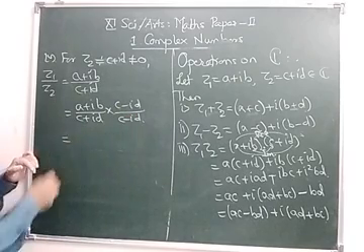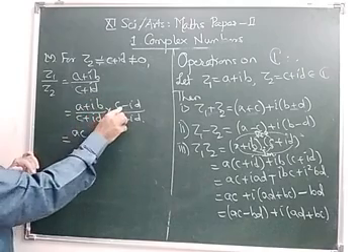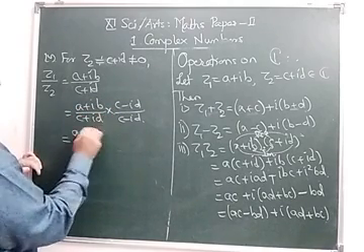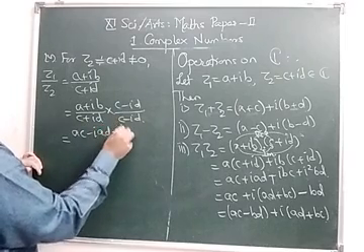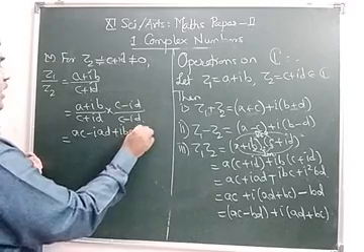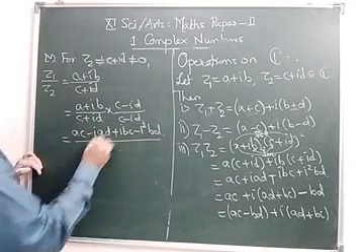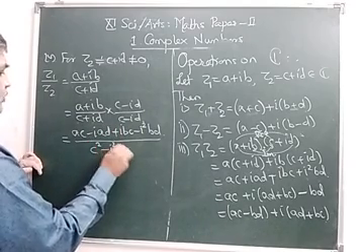Just like rationalization. And then we'll get A into C, AC, then minus I AD plus IBC minus I square BD, upon C square minus I square D square.